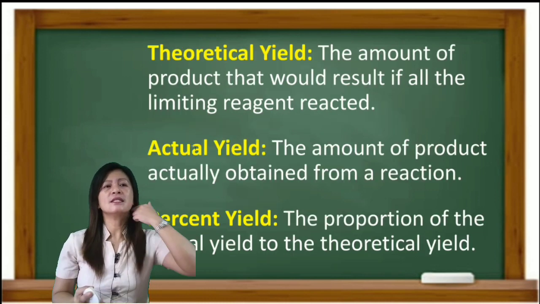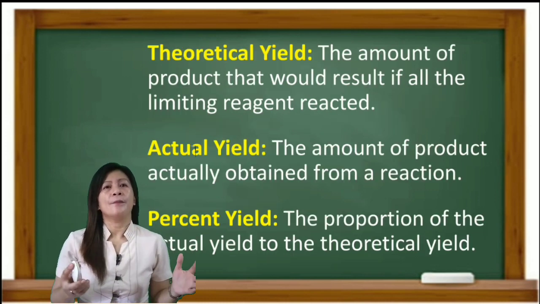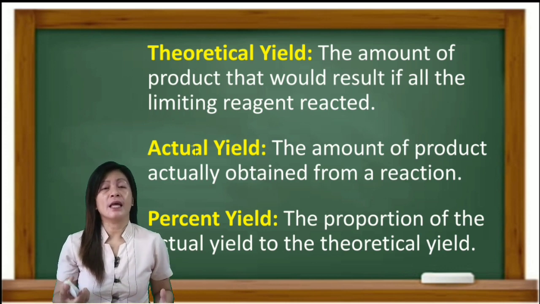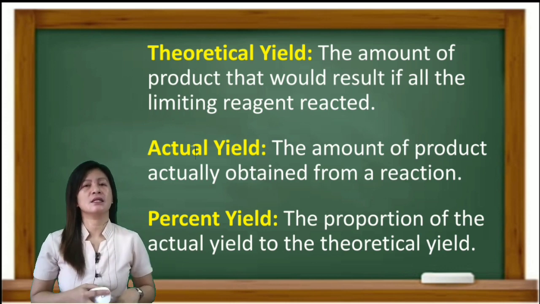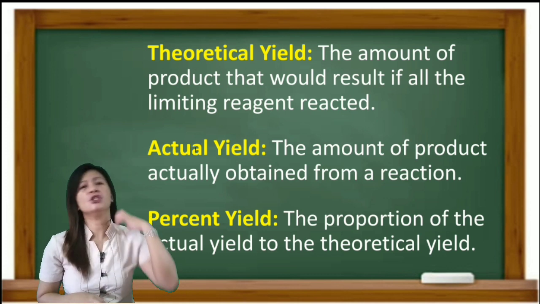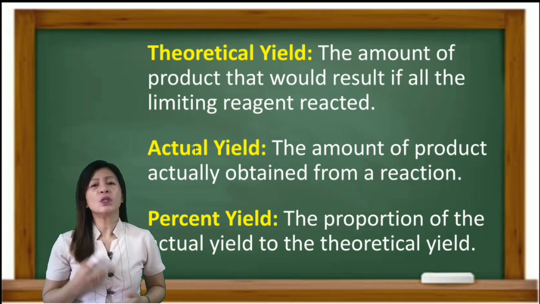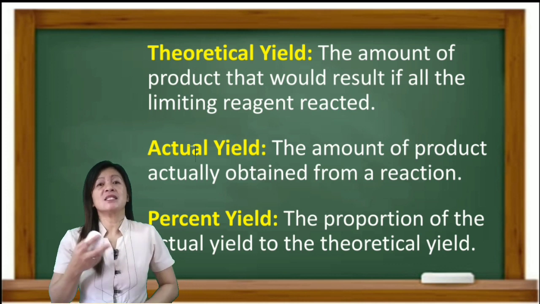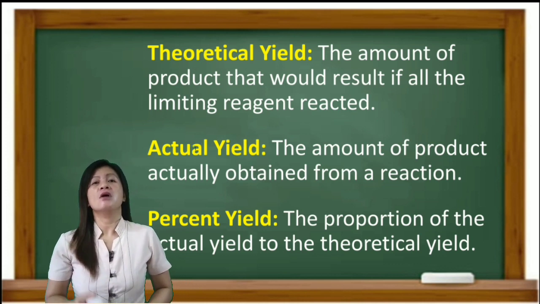Moving on, let's now move on to the theoretical and percent yield. Let's first define these terms. Theoretical yield is the amount of product that will result if all of the limiting reagent reacted. The actual yield is the amount of product that is actually obtained from the reaction.